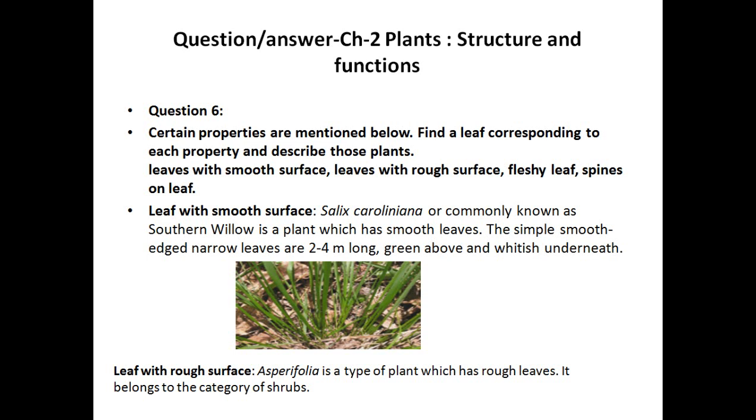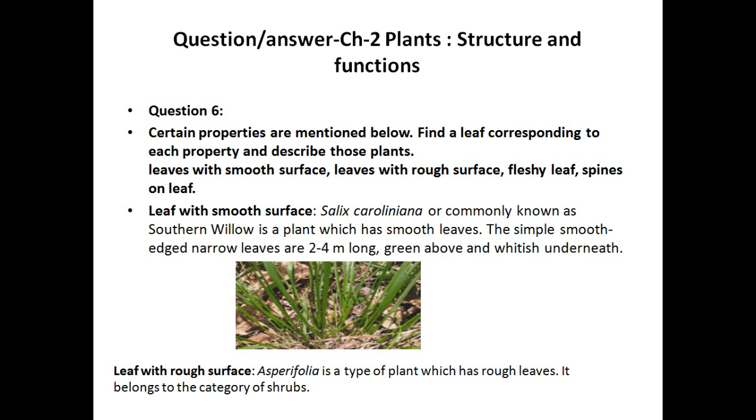So there are different types of leaves present in different types of plants. We all know. The question is to show examples of the types of plants which have leaves with a smooth surface, leaves with a rough surface, fleshy leaf, spines on leaf.